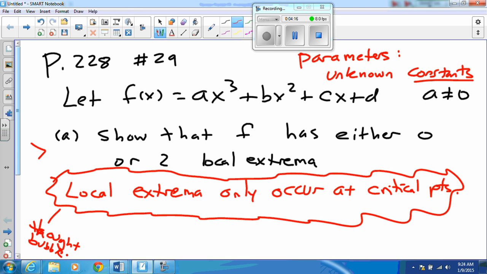I'm not going to write this down on my paper just yet, but this is my thinking process as I process this problem. I'm supposed to show that f has either 0 or 2 local extrema. I don't know how to do that, but I sure know that local extrema can only occur at critical points. Now, having had that thought, I'm going to take action based on that thought. Can somebody come up with an action that I could take based on that thought?